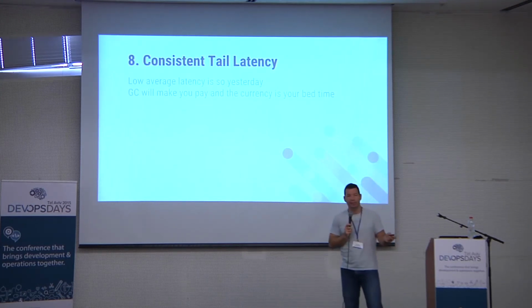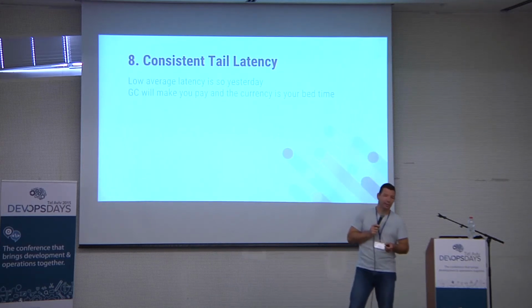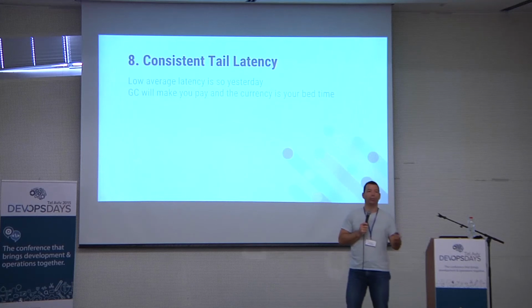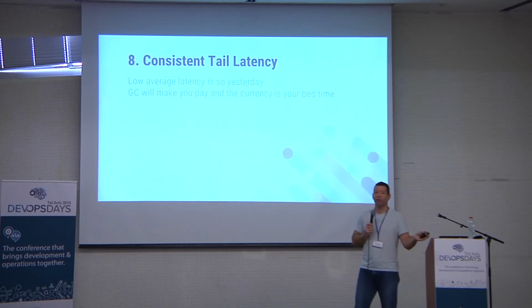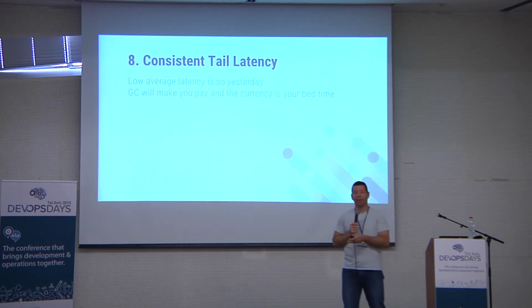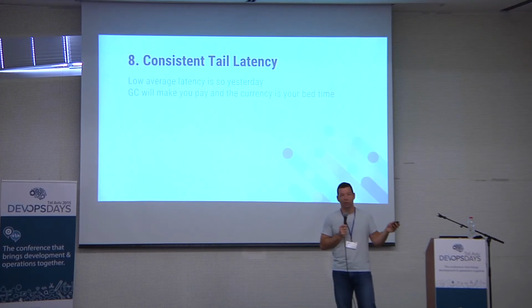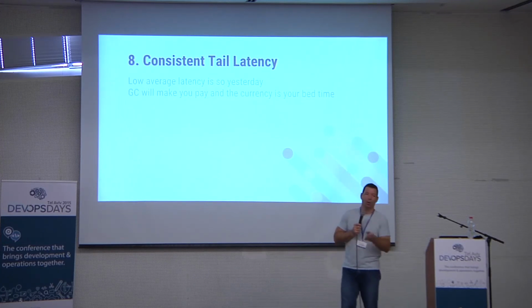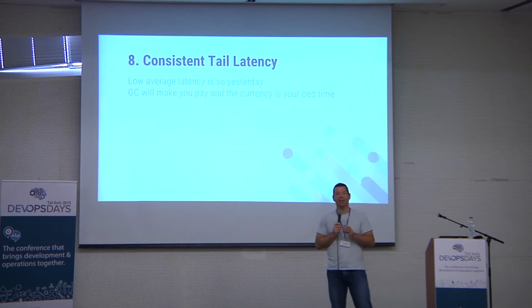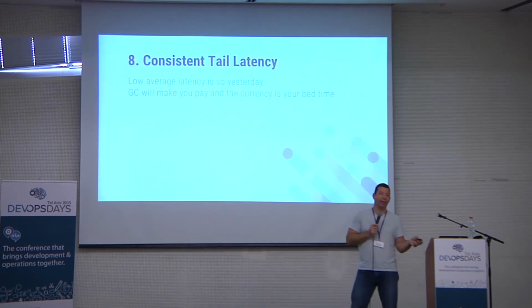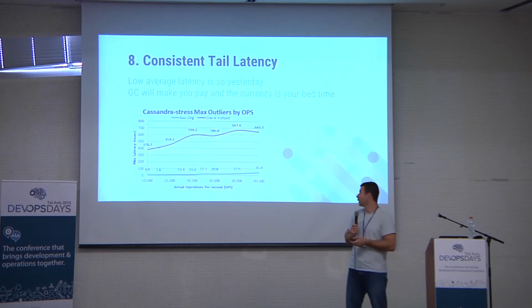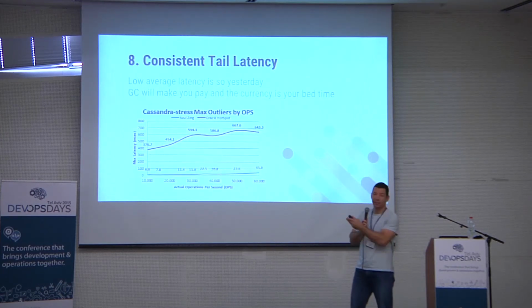Consistent tail latency. Of course low latency is important, but tail latency is way more important than average latency. And of course, if your infrastructure is implemented using Java, then you're going to suffer from GC at one point or the other, and it will make you pay for it. Sometimes you pay in your time. Sometimes you may go to Azul, for example.